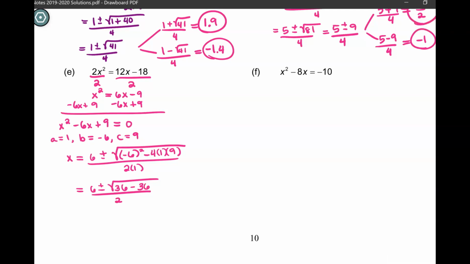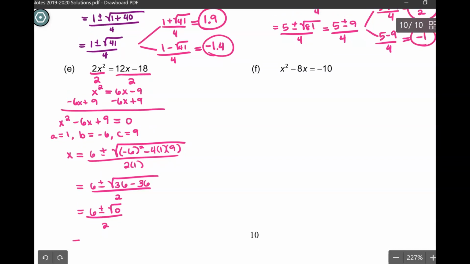So notice what happens, 36 minus 36, I get the square root of 0, but the square root of 0 is just 0. So I have 6 plus or minus 0, so that just really means 6 over 2, which is 3.